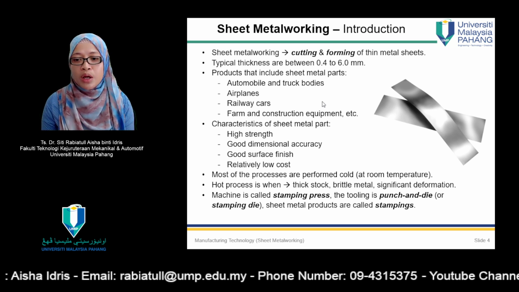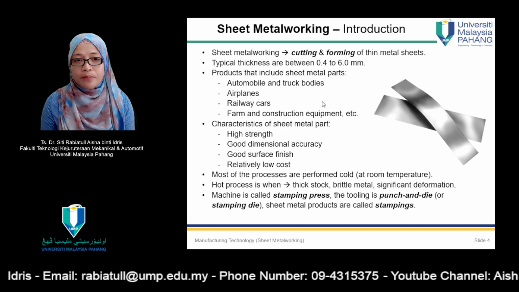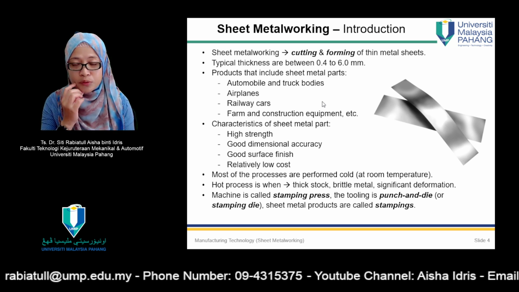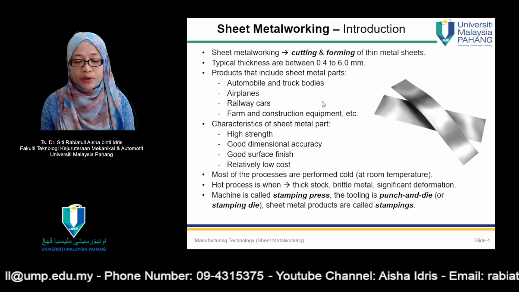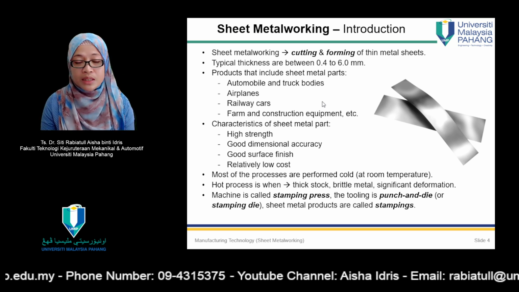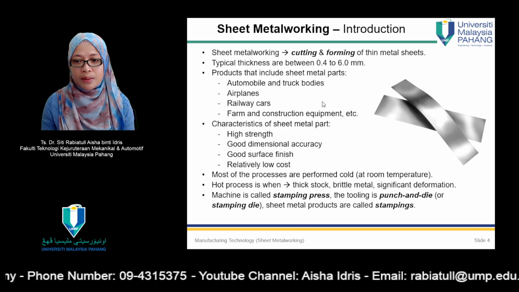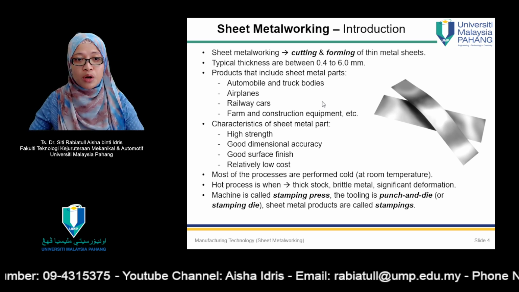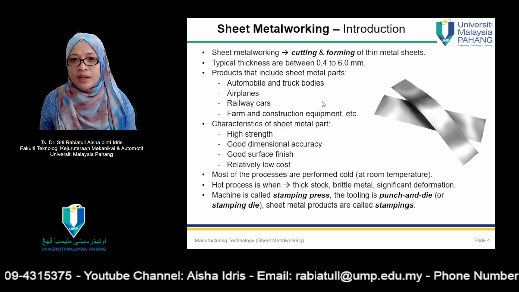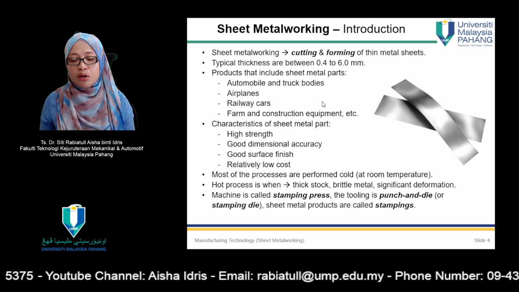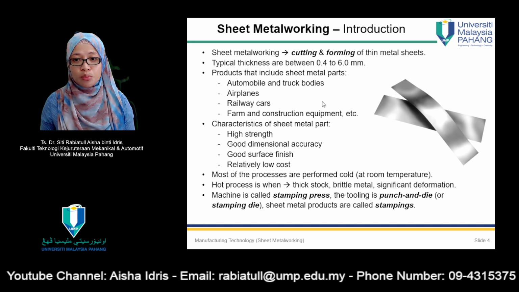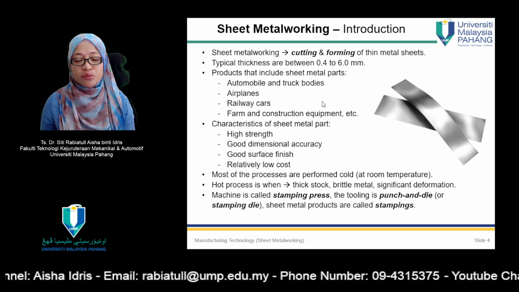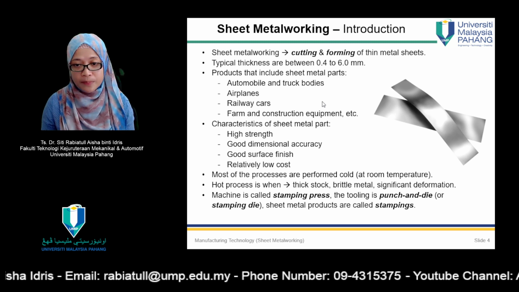Because it uses sheet metal as the raw material to produce a final product. Previously, we were using a bulk method to deform it into our desired shape. Products that include sheet metal parts are automobile and truck bodies, airplanes, railway cars, farm and construction equipment, and so on.